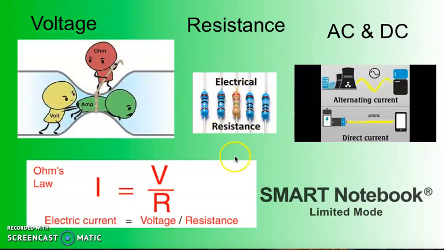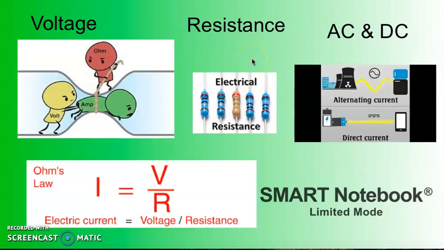So the maximum can be controlled by having resistance. And you can see these little things that are attached with the wires here, and they control the resistance. They tone it down, which is a good thing. But you may notice that your cell phone or computer might get hot while in use. That is also known as the resistance.